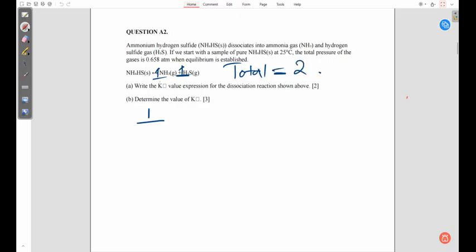So the partial pressure of ammonia would be 1 over the total, which is 2, multiplied by the given total pressure, which is 0.658 atm. That would give us a value of 0.329 atm. So we found the partial pressure of ammonia.